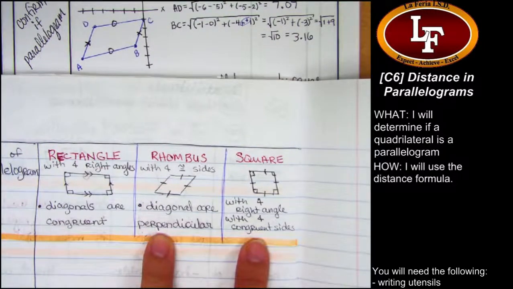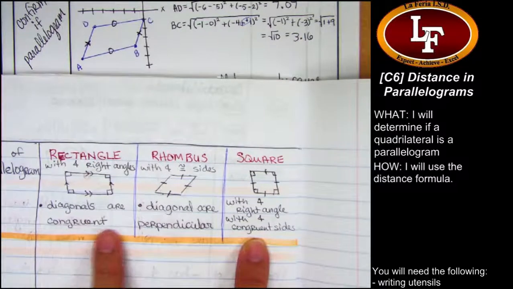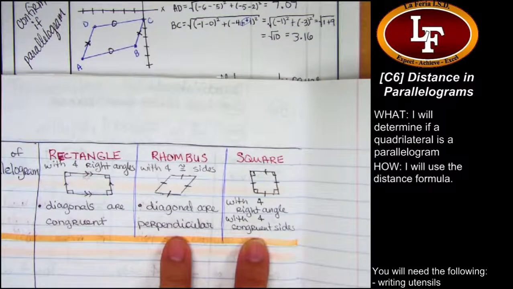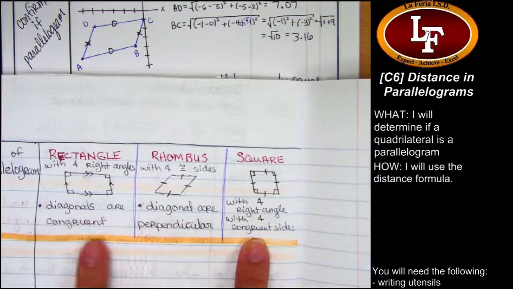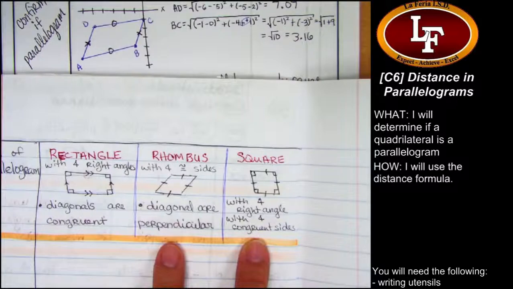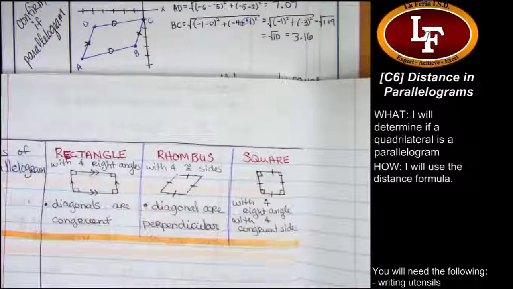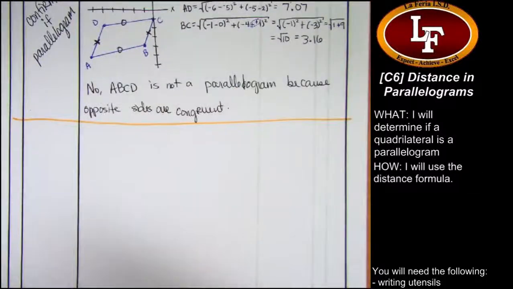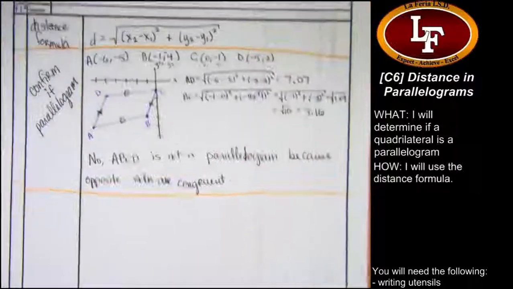Because the square is Superman and he has all the powers. So he's got all the properties of the rectangle and all the properties of the rhombus, which means in order to test him, you have to check that he has all the properties of the rectangle and all the properties of the rhombus.